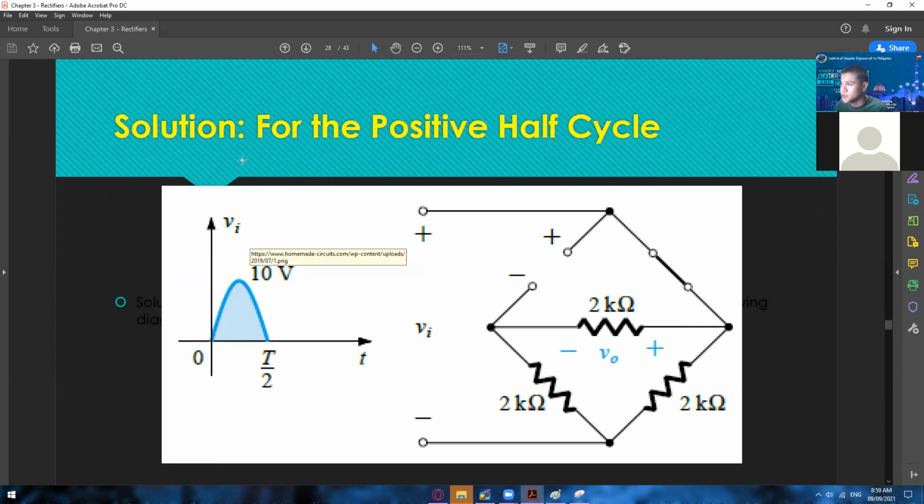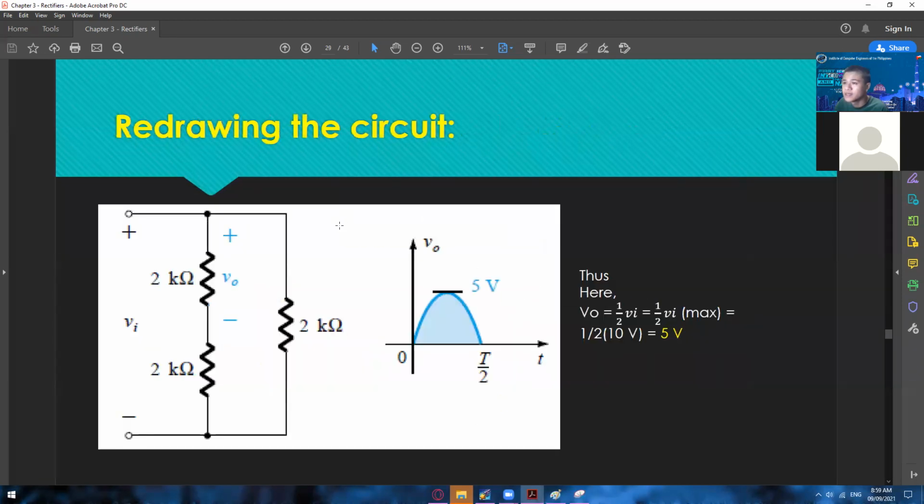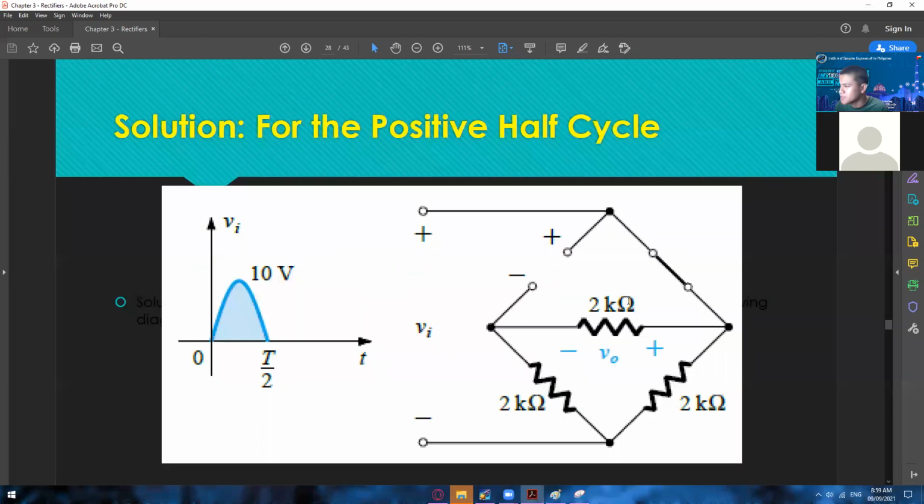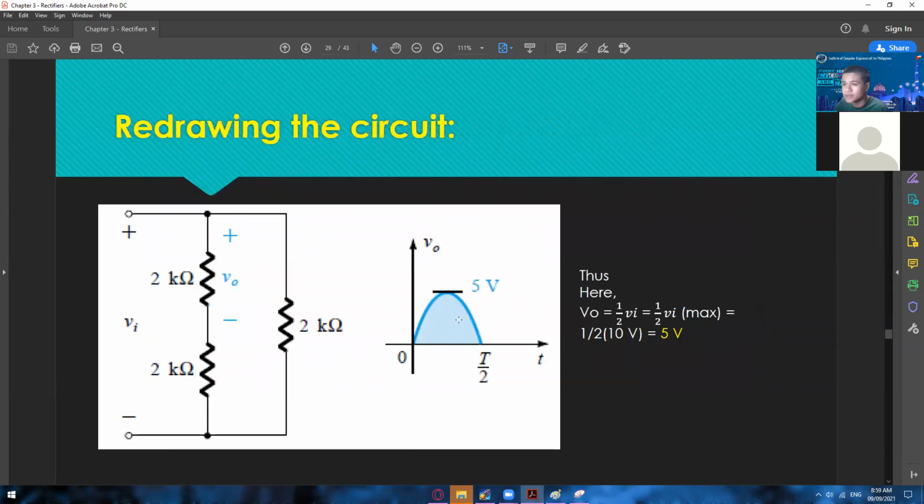So here is the solution for the positive half cycle. This will open and this will be closed, and then it will conduct on this side. And for the negative half cycle, same scenario. I think I wasn't able to show the negative part, but same scenario: this will be open, and this one would be on. So we have a positive and negative cycle. But in here, as you guys can see, we only have a voltage output of 5 volts.